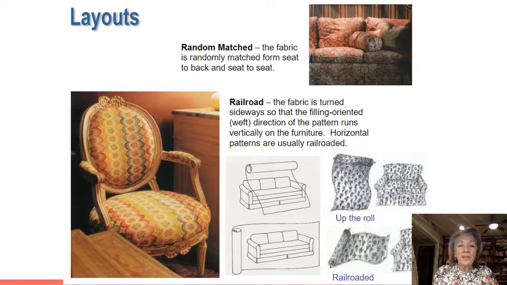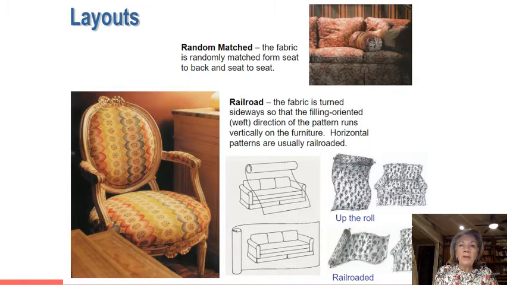In the chair that you see on the bottom left, you have a fabric that is turned sideways, so it runs horizontally, and the direction of the pattern runs vertically on the furniture. A term that is used in the industry is railroading. We see up the roll is where the fabric goes up and over the furniture, and then we have a railroading layout where the fabric is used in a horizontal way on the furniture. So vertical would be called up the roll, horizontal would be called railroad.